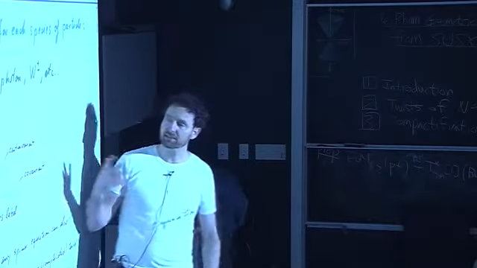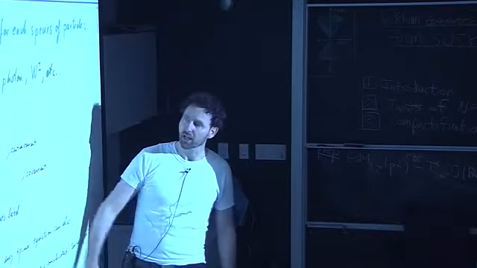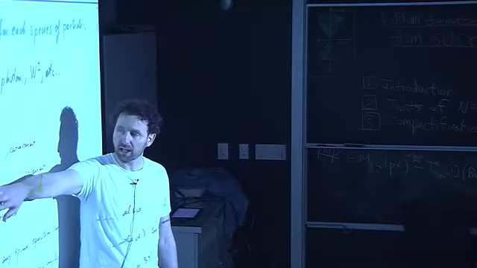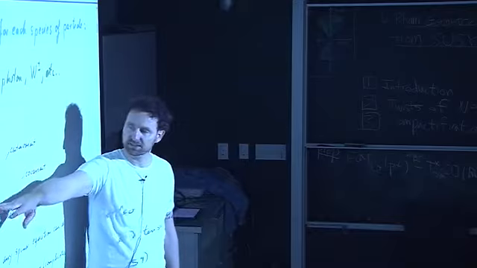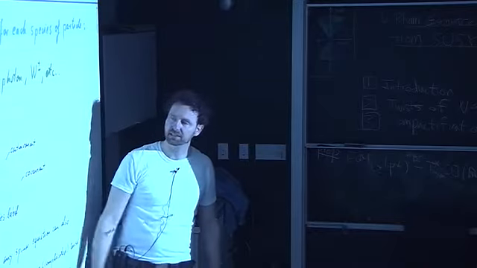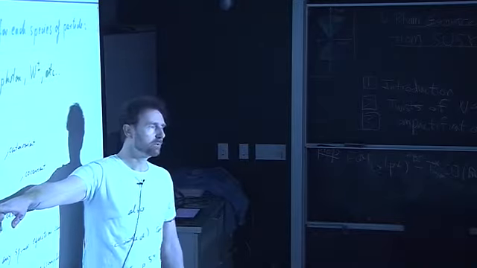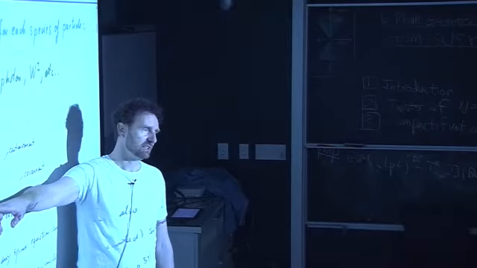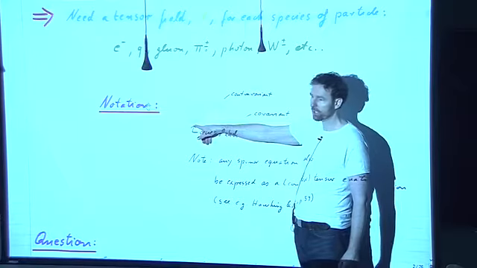Some tensor field will have to describe them. And we'll write it in this way, psi with a certain number of upper indices, a certain number of lower covariant indices, and the label I will label the species. So whether it's a photon or a gluon, for example.